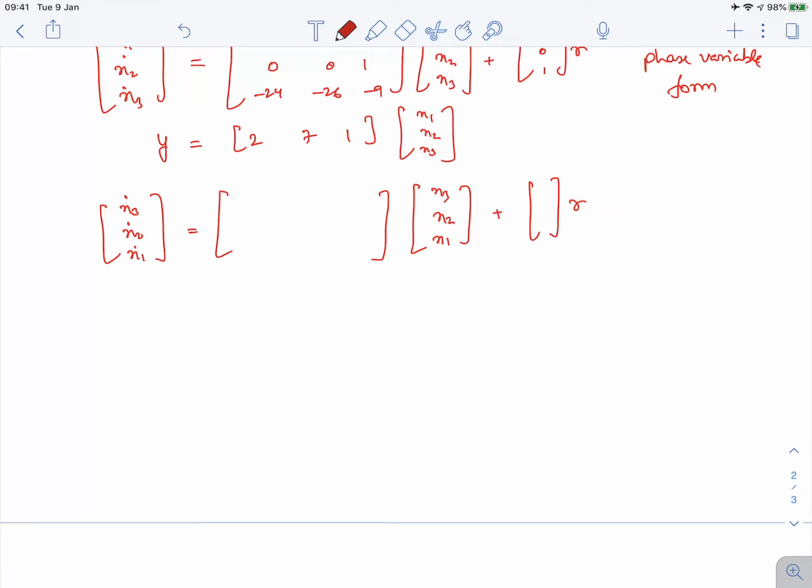So representing this equation now, let's call this A and this B, x1 dot x2 dot x3 dot. So this A matrix would change now after reversing the order of the state vector. I would obtain -9 -26 -24, 1 0 0, 0 1 0.